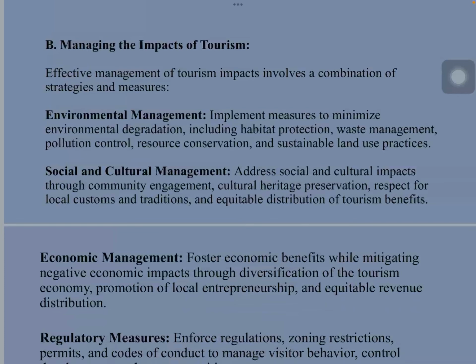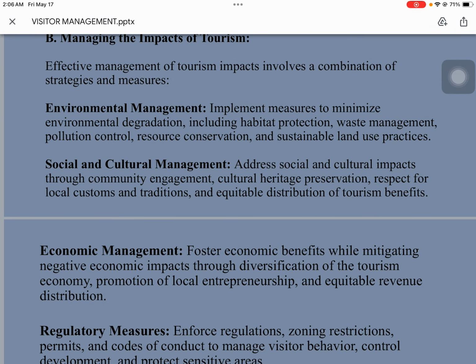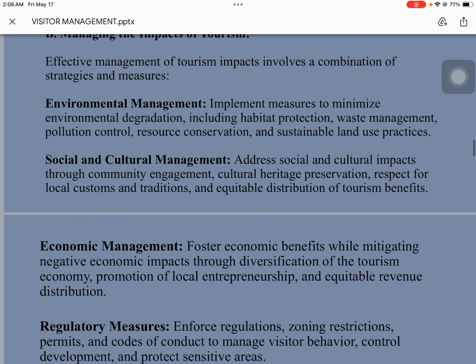So, ibig sabihin, to protect the environment in tourism, we should focus on preserving habitats, managing waste, controlling pollution, conserving resources, and using land sustainably. So this involves actions like setting aside protected areas, recycling waste, reducing emissions, conserving water, and planning development carefully to minimize negative impacts on nature.